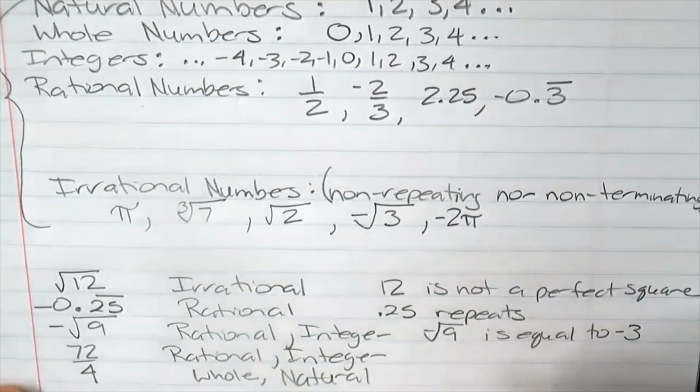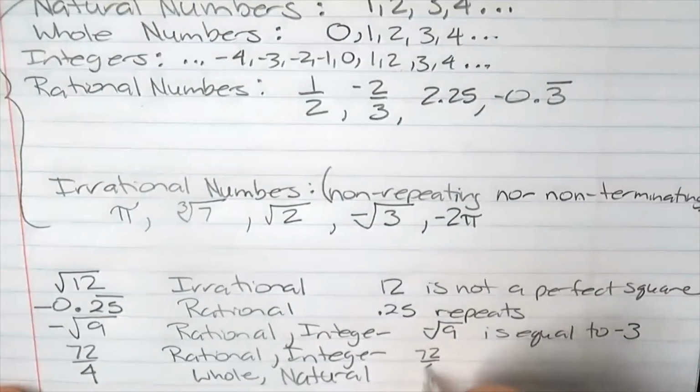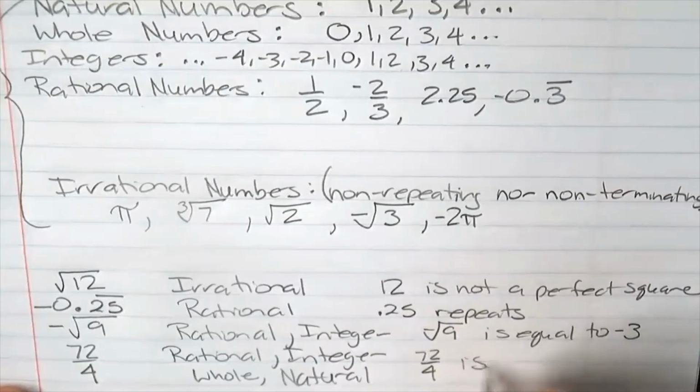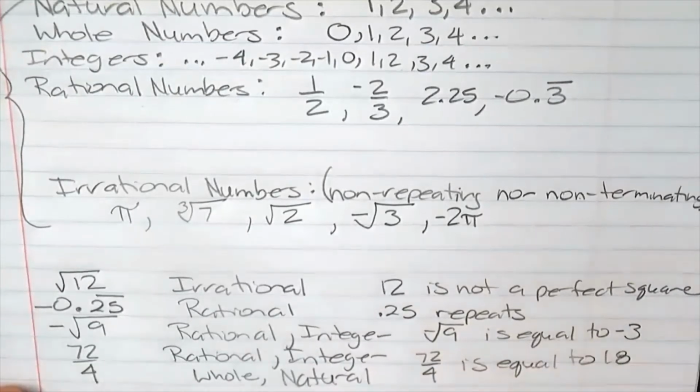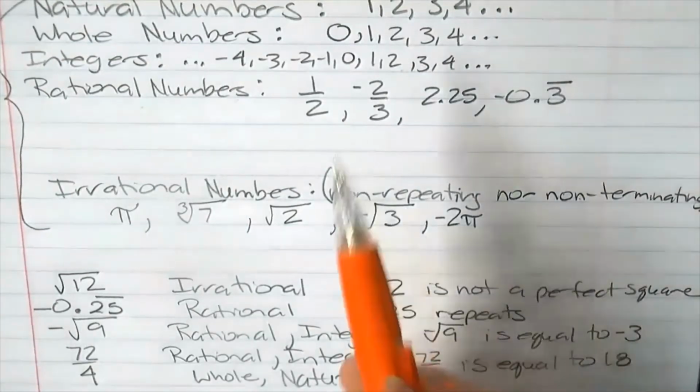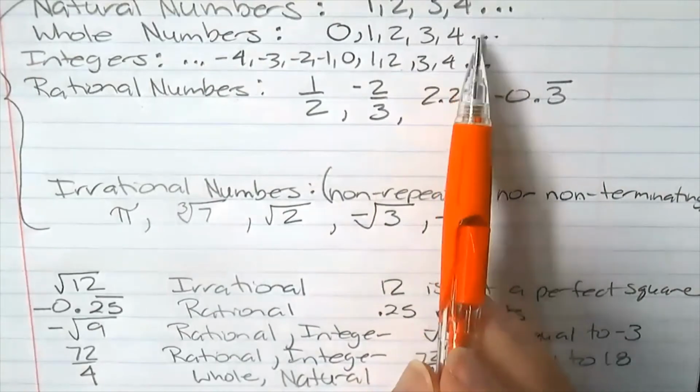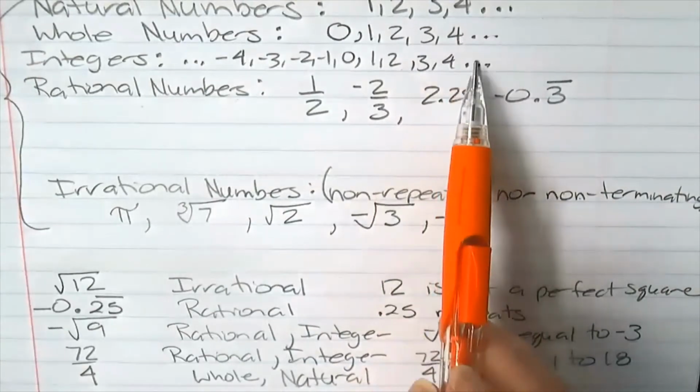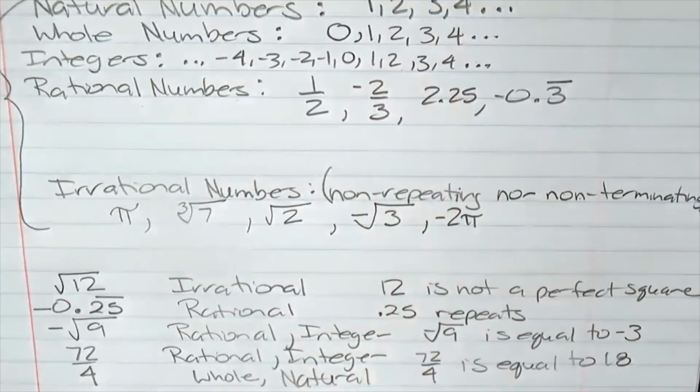It's all 4 of those. Why? Because 72 divided by 4 is equal to 18, and 18 is here in the natural numbers, the whole numbers, the integers, and the rational numbers.